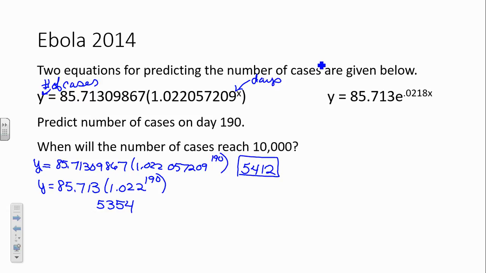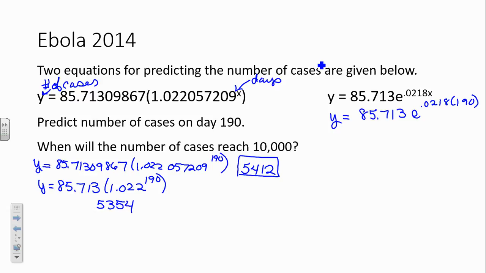That was rounding to the thousandths place. Now let's try the other model. How many cases will we have if we take 85.713 times e to the 0.0218 times 190? We do our power first, e to the 0.0218 times 190, because our calculators know order of operations, and then we take that times 85.731.